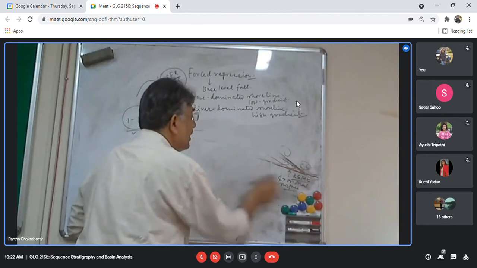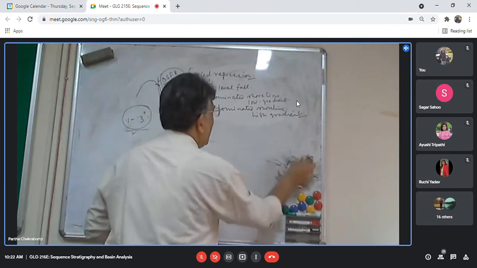Now we come on to the second case, river dominated coastline.